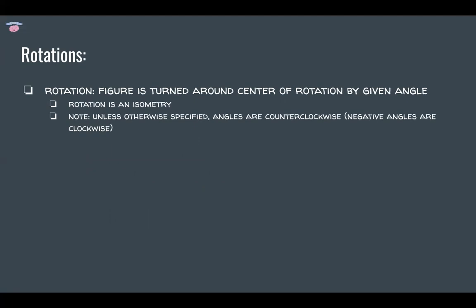So 90 degrees would be 90 degrees counterclockwise, this direction. I know that's not familiar because clocks always run clockwise, but math is just about disobeying rules. Speaking of rules, 90 degrees around the origin is (negative y, x).